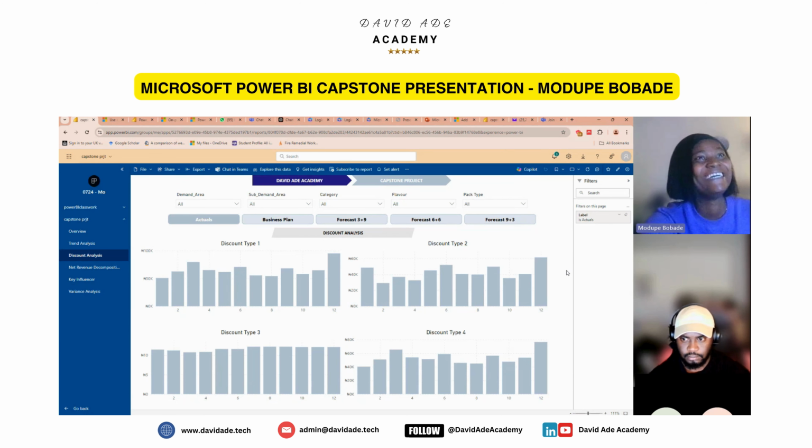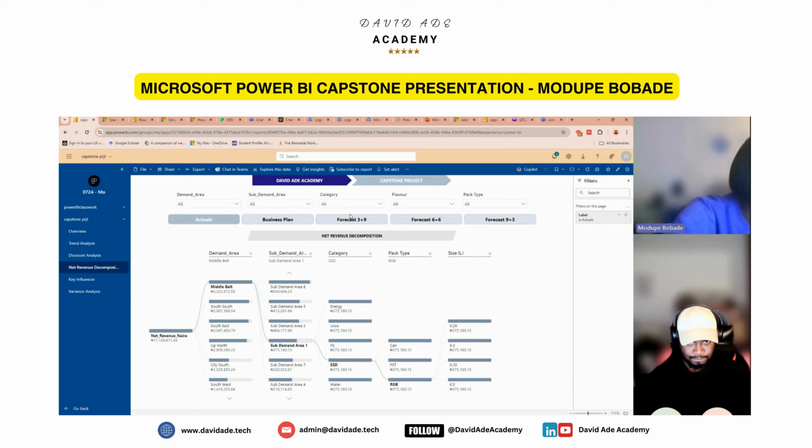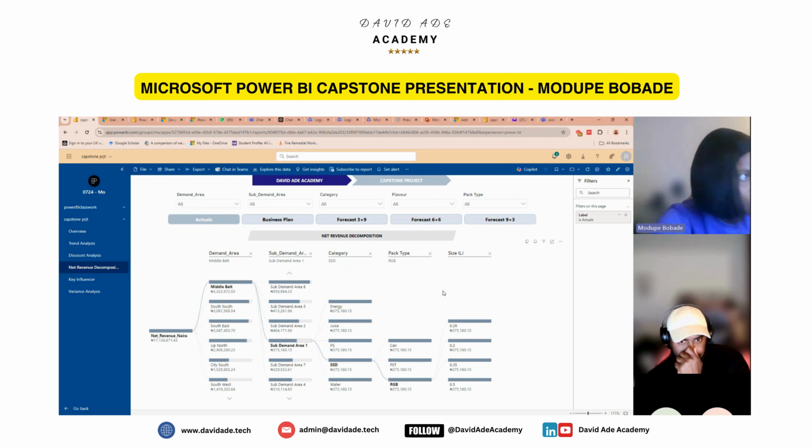Also, net revenue decomposition. This is a decomposition tree that shows us how the revenue was generated. For the actuals, we have 17 million, 136,671 naira 43 kobo.